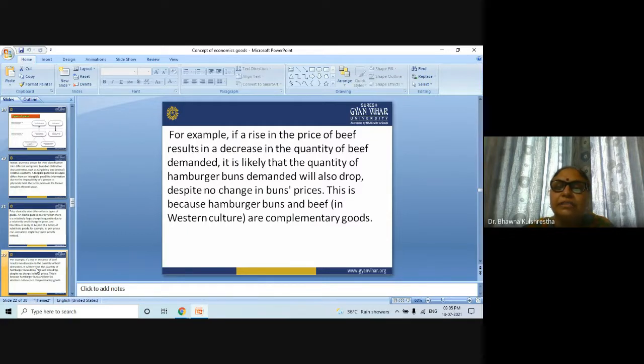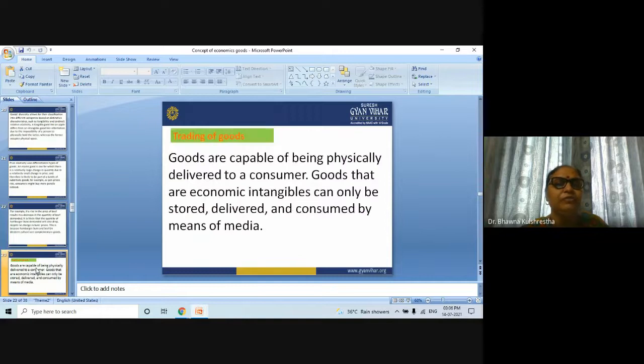It is important to note that goods considered complements or substitutes are relative associations and should not be understood in a vacuum. And the next is trading of goods.